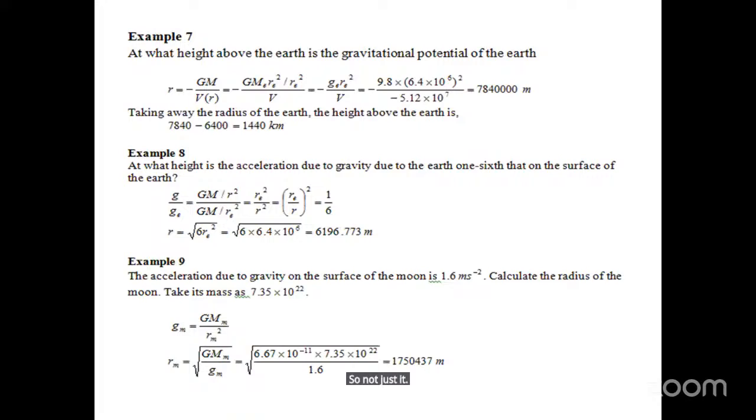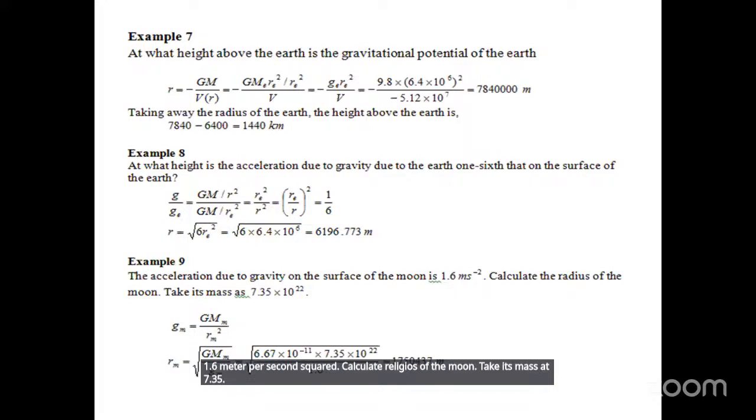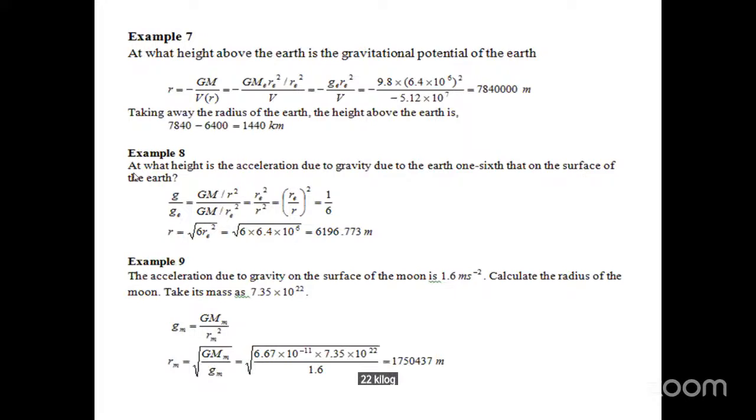Example 9. The acceleration due to gravity on the surface of the moon is 1.6 meters per second squared. Calculate the radius of the moon. Take its mass as 7.35 times 10 to the power 22 kilograms. g_m is G M_m over R_m squared, where R_m is the radius of the moon and M_m is the mass of the moon.